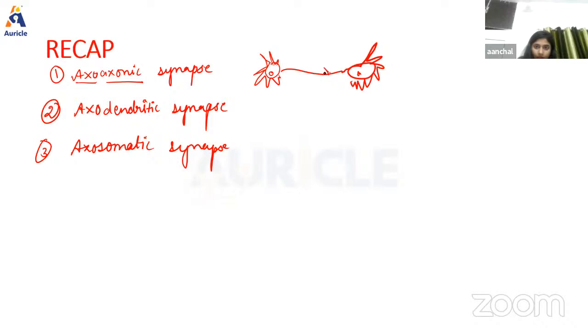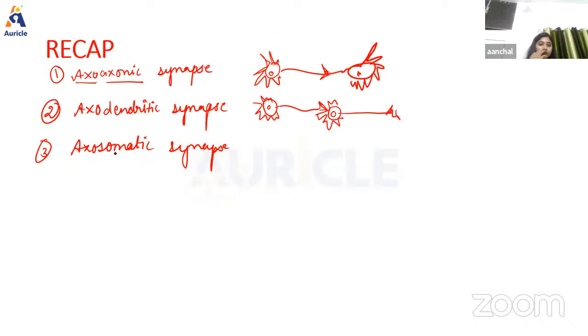Then next we have axodendritic. Here the axon of one neuron is going to terminate on the dendrite of another neuron. Suppose this is the axon we have. From here, the transmission is going to occur on the dendrite of the other neuron. Okay, so it will be like this.